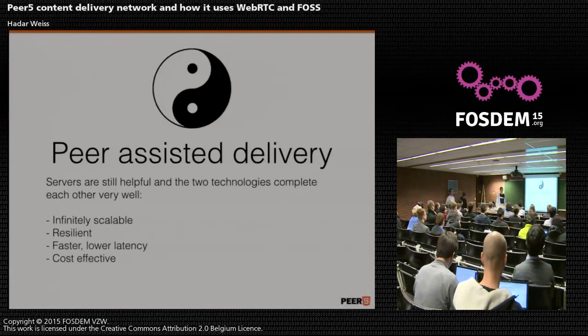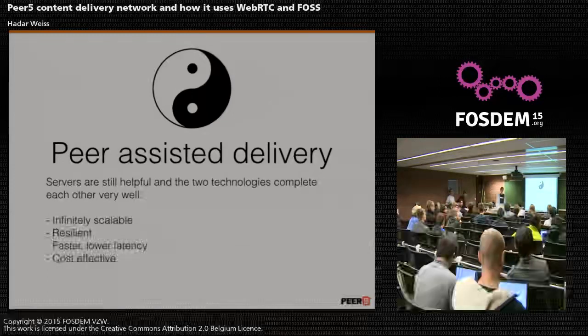And also it can be expensive. So some people today are not using CDNs. They won't use a CDN because it's too expensive, and they can use something like that.